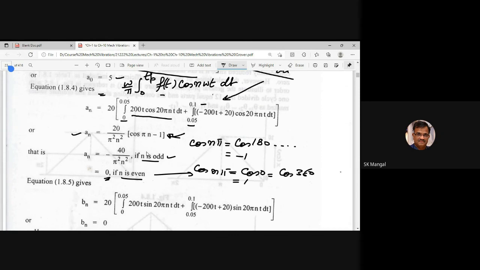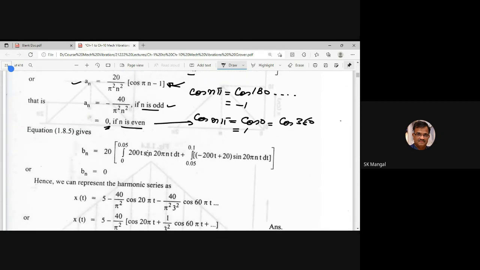Similarly, if you want to find b n for this, you are having omega upon pi, integral from 0 to Tp of f(t) into sin n omega t into dt.